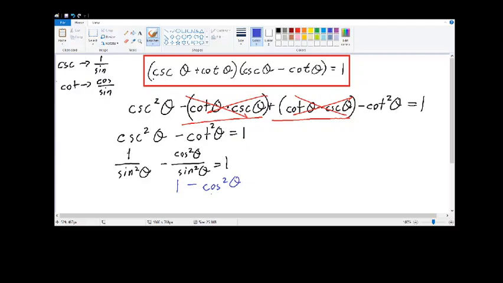We are not multiplying in this case, we are subtracting. 1 minus cosine squared theta over sine squared theta.